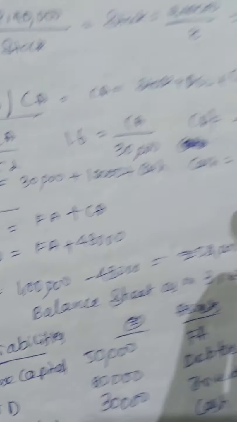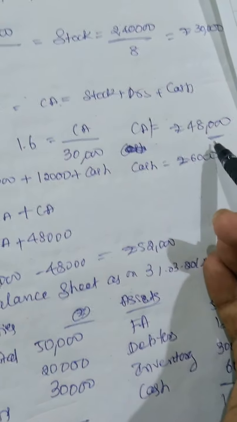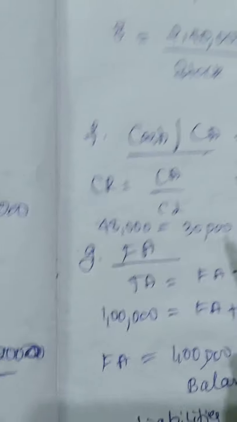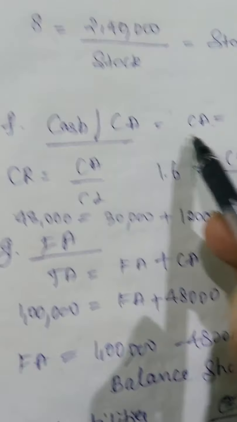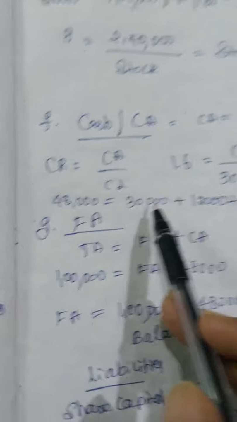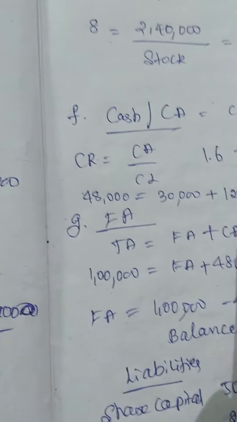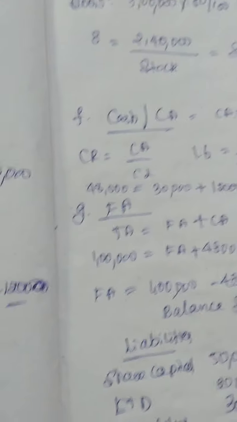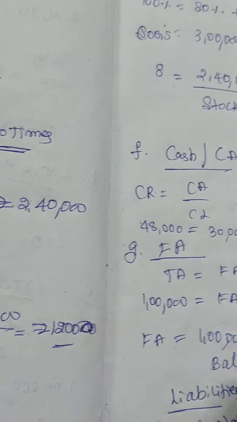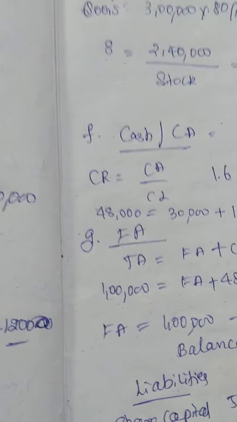So we'll get current assets equals 48,000. Now in this simple equation, total current assets include stock, debtors and cash. Total current assets is 48, stock is 30, debtors is 12. What is cash? You will get cash of 6,000. I hope you know the maths.